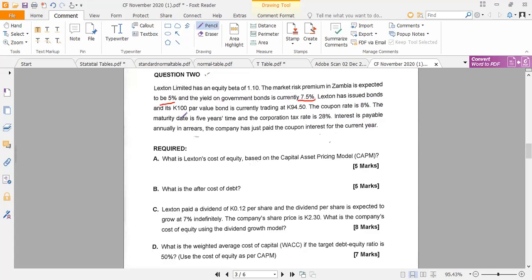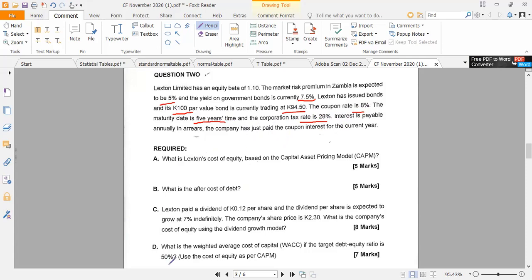The bonds are issued at 100 kwacha par value, currently trading at 94.50. The coupon rate is 8%, maturing in 5 years' time. Corporation tax is 28%, and interest is payable in arrears.